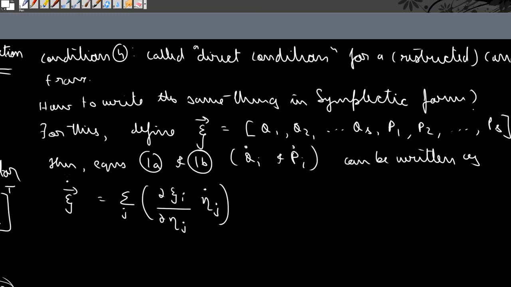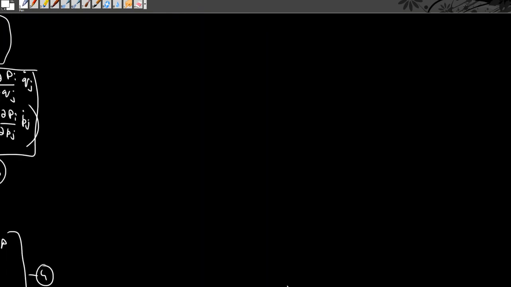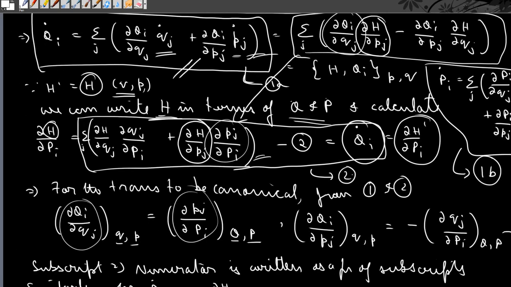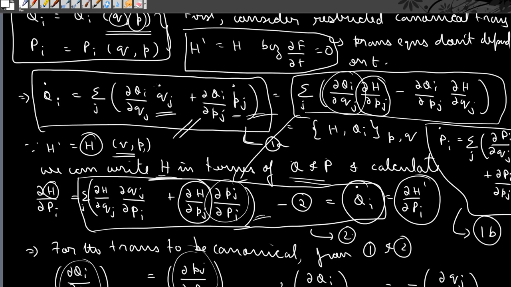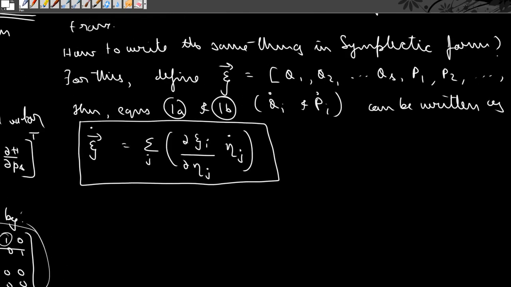So this equation gives us equations 1a and 1b together. Here, qi is basically our eta i, qj is our eta j, and qj dot is eta j dot, similarly in this relation.